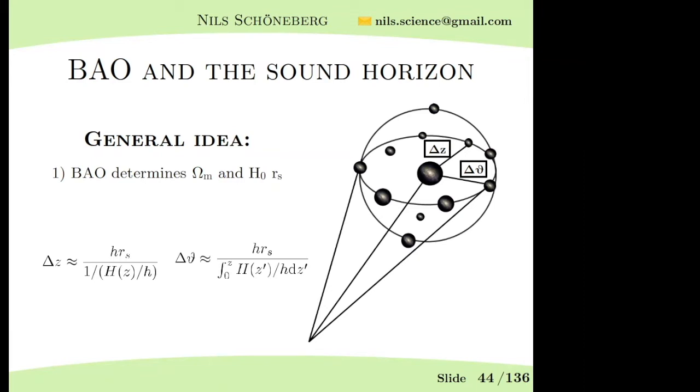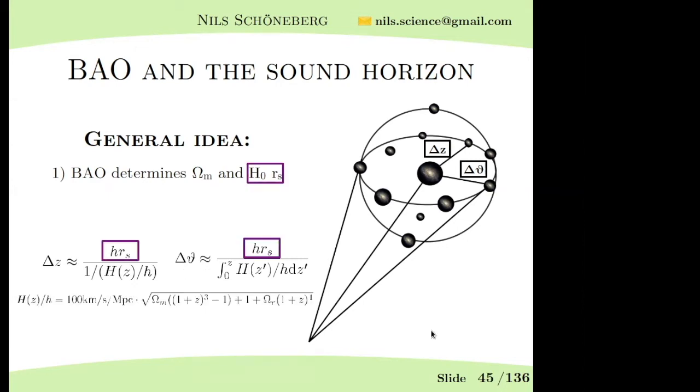Okay, so you have basically the measurement of the redshift distance and the angular distance, and these relate respectively to the two formulas that I've written down there. The important thing is that we immediately see this measurement of H0 times Rs in all of these, but there's also this H(z) over H0 function, which is what's related to Omega_m basically.